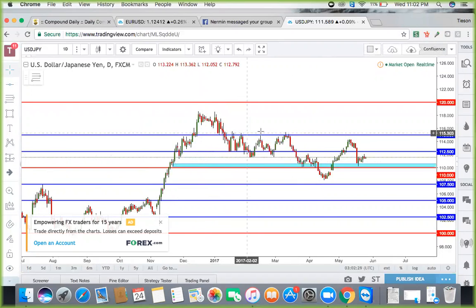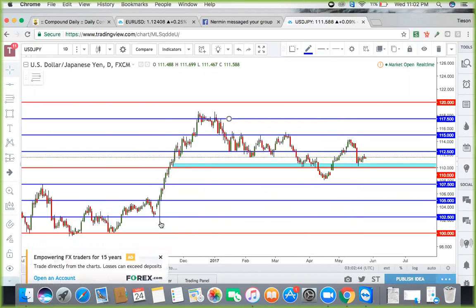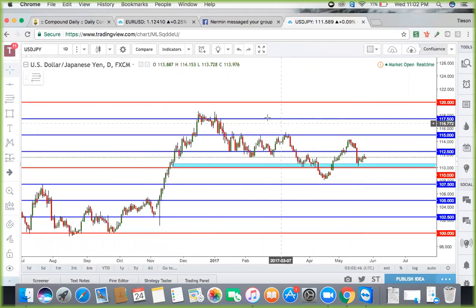Resistance, resistance, resistance, resistance. And it almost touched it. And then 117.50. So as you guys can see, just from quarter points, you can see how powerful this is.